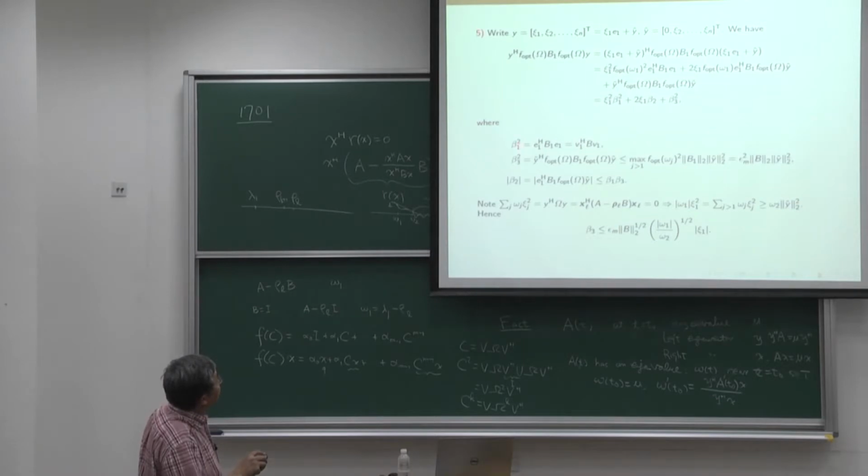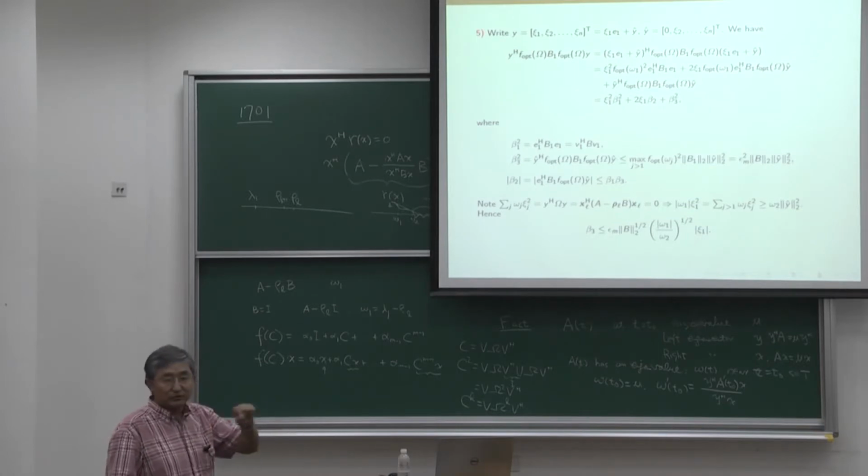So here's beta 1 squared. All right. You remember what B1 is? So you get that term coming out. Beta 3 is, because y hat h, it only has the first term being 0, right? And then when this is a diagonal matrix, and y hat times the diagonal matrix, because the first entry of y hat is 0, it is only going to pick up the rest, n minus 1, from omega 2 to omega n.